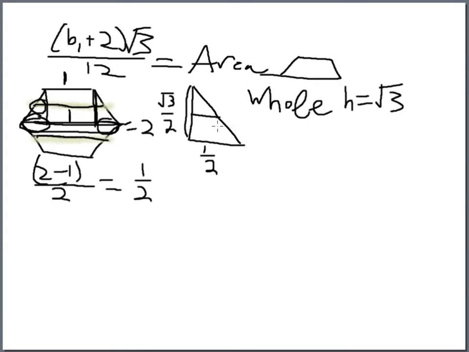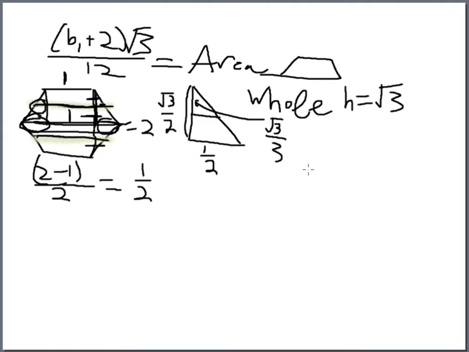And now we already know the length of this triangle. The length is √3/3 because it's still trisected, so it's still going to be √3/3.